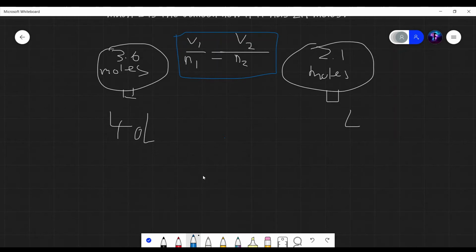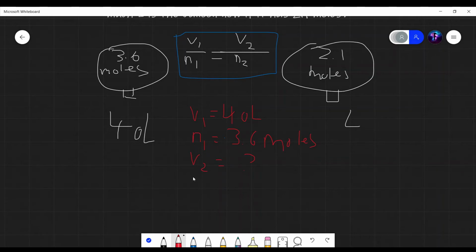So we know that V1 is 40 liters, and N1 is 3.6 moles. V2 is the one we're finding. It's undefined yet; it's going to be a certain number later.